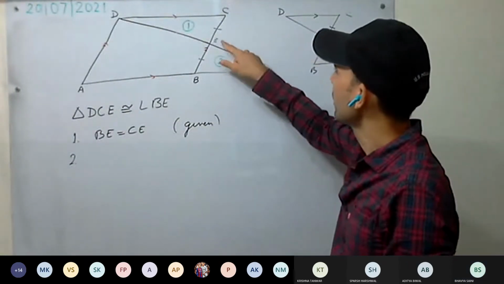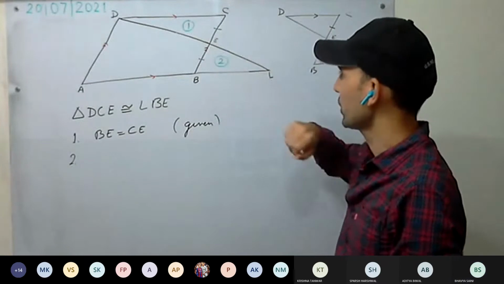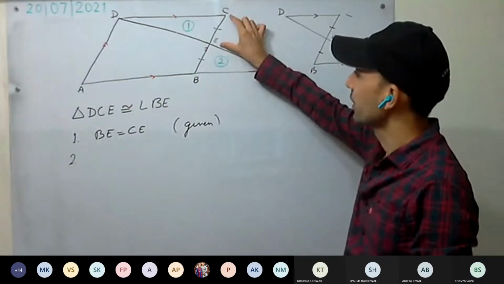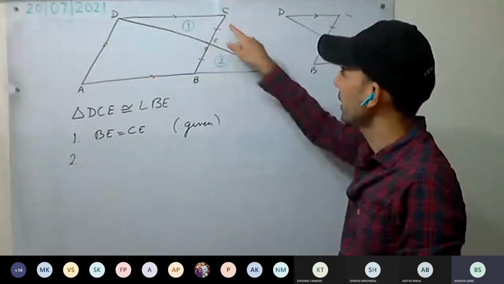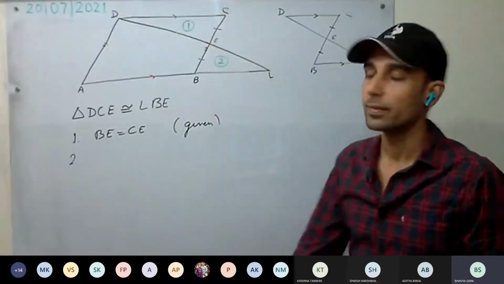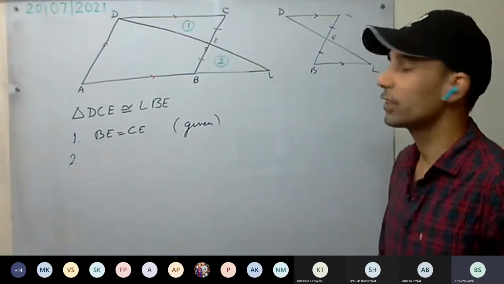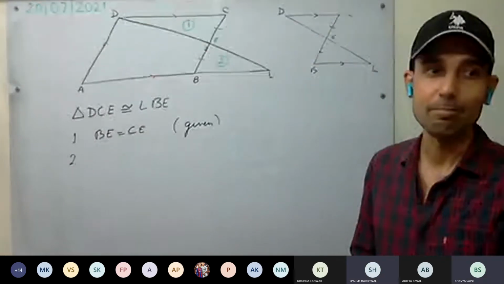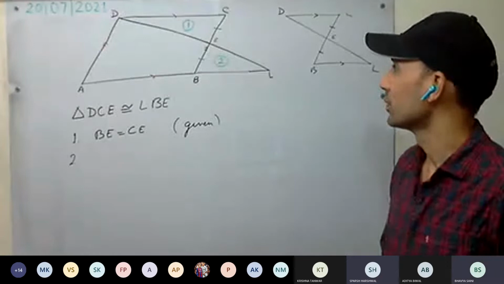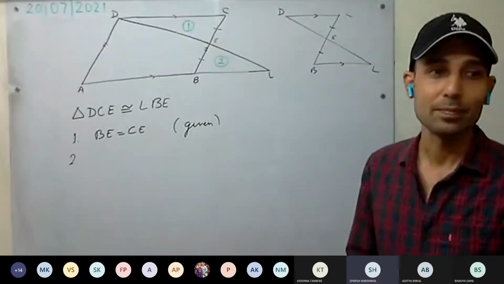DC equal to BL. How? Is it given? Because they are parallel, opposite sides are parallel to each other.